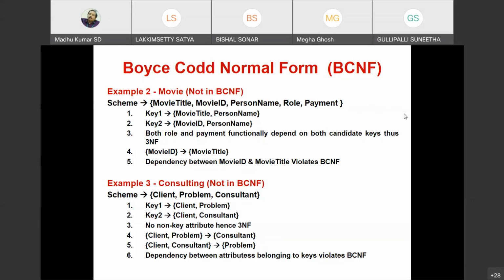Suddenly Navneet Kaur is also saying the mic is not working. Okay, you can type the answer in the chat box, Navneet. Please type your answer in the chat box. What is the amount of redundancy present in this table?